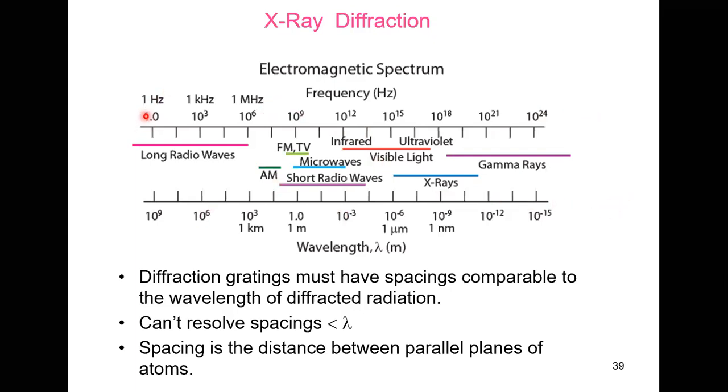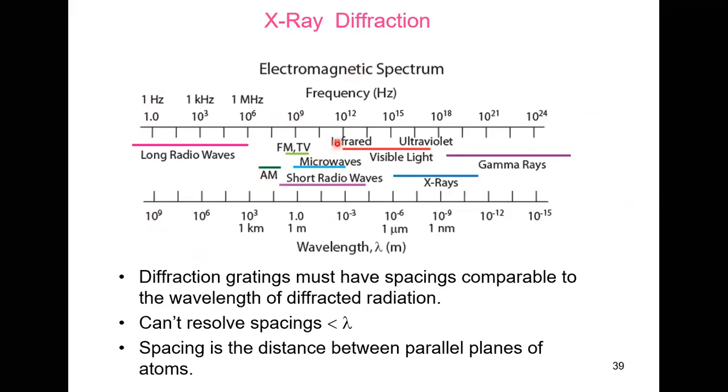Look, where the frequency is less, the wavelength is high. It's 10 to the power 9 meter, which means 10 to the power 6 kilometer, which means 1 million kilometer, which is quite big.